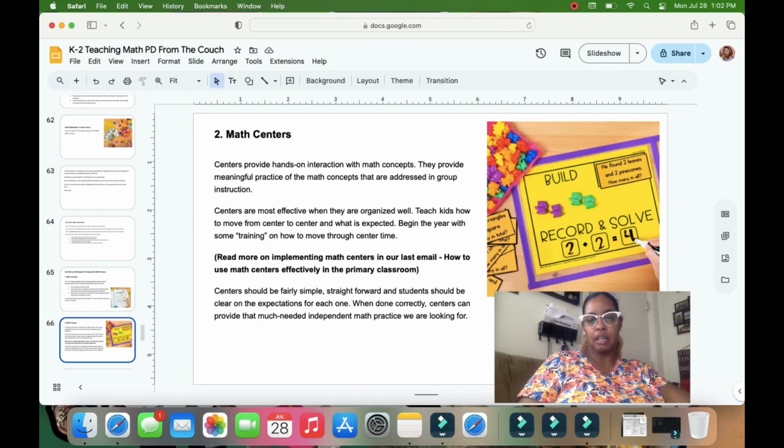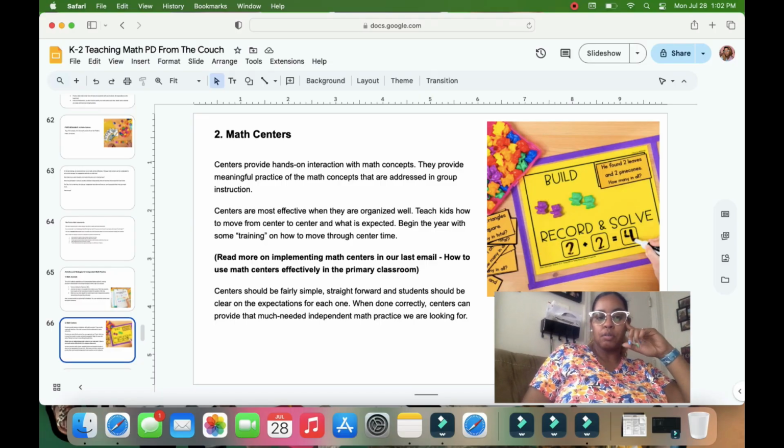So at the beginning of the year, show some training on how to move through centers over time, and then you can read more on implementing math centers in the previous few minutes. It's just like how to use math centers effectively in the primary classroom. Centers should be fairly simple, straightforward, and students should be clear on the expectations for each one.